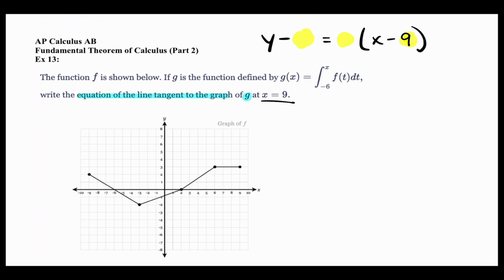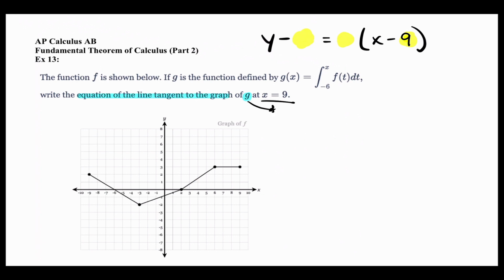Okay? To get a slope, what do I need to do? Anytime you need a slope, what are you always 100% going to need? The derivative, right? And in this case, they want the equation to be tangent to g. So I need g prime, right?